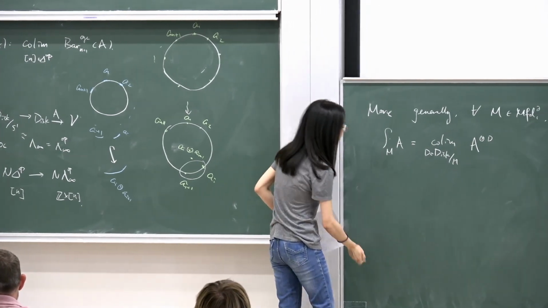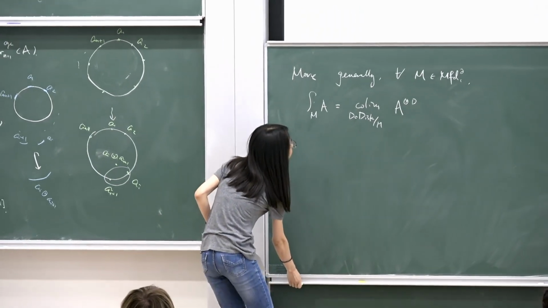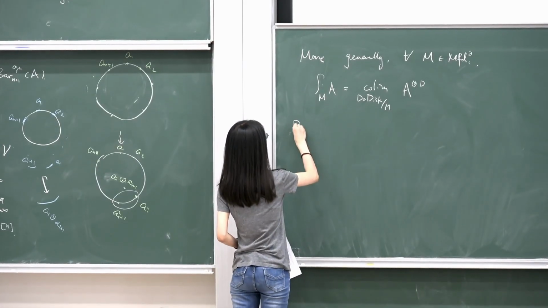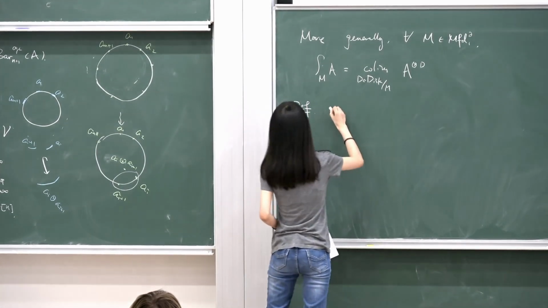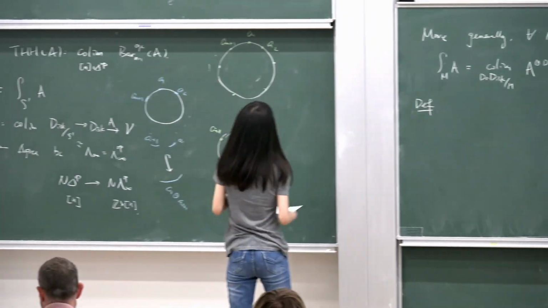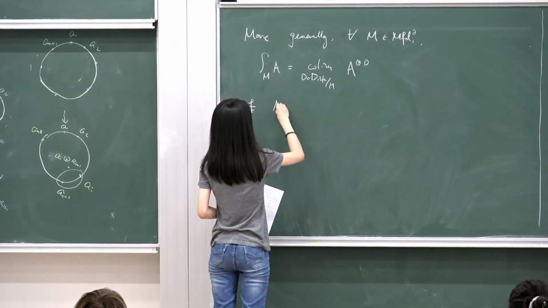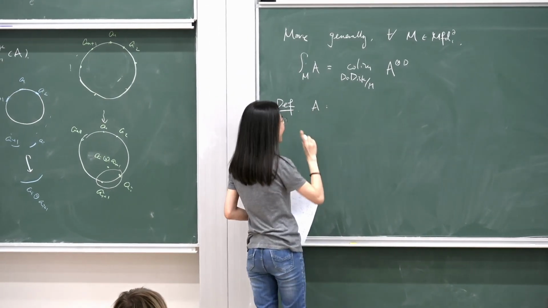So to state an application of our main theorem, maybe I should make one more definition. Again, we fix this V globally, and suppose that A is in V. Okay, so the definition is the following.